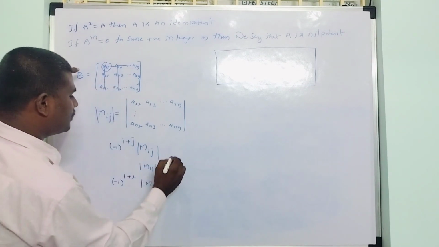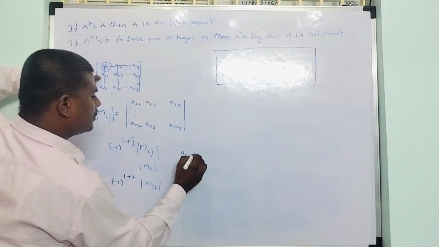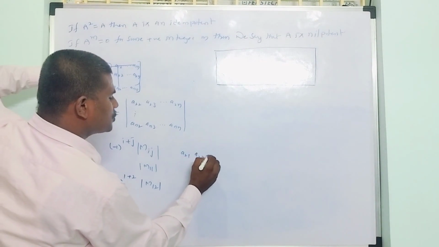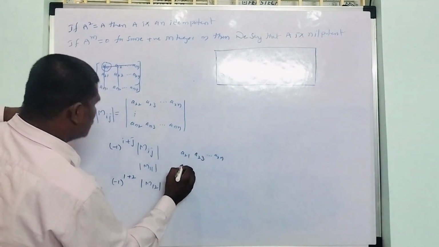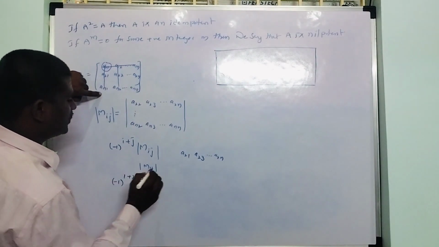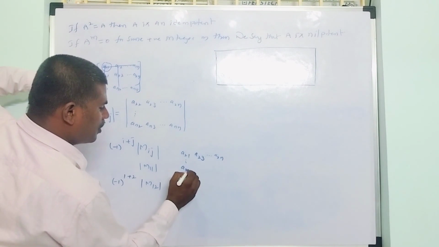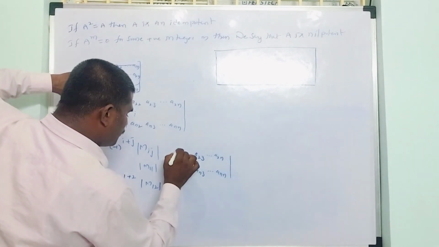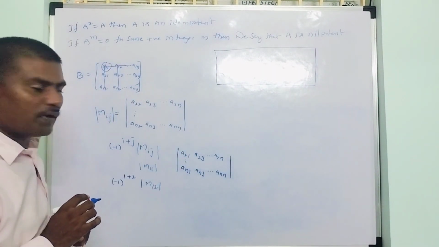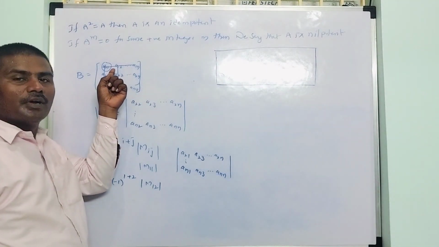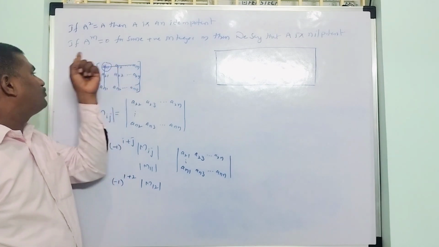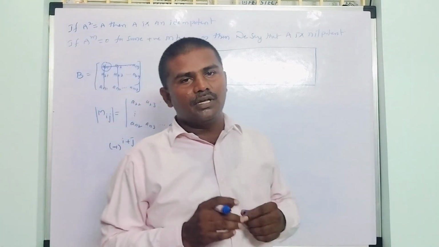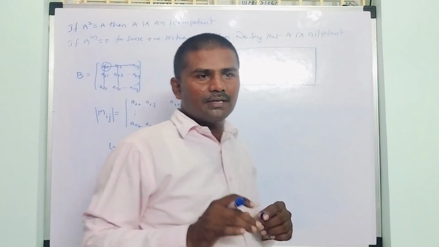That means you remove A22, A23, so on, A2n, and similarly you remove An2, leaving An1, An3, so on, Ann. The minor of this gives you the cofactor of the element A12 of the matrix B. This is the generalized case, but you need to understand it by taking an example. Let me take a small example here.